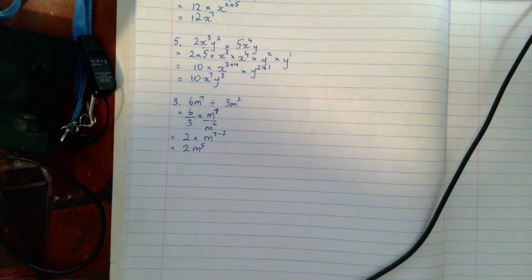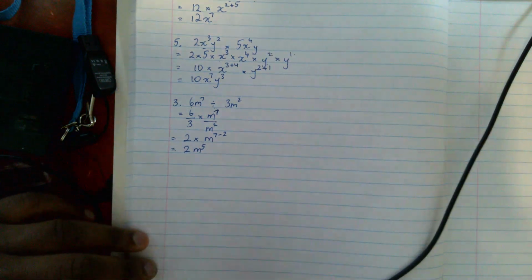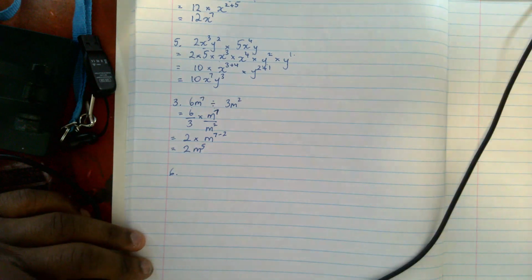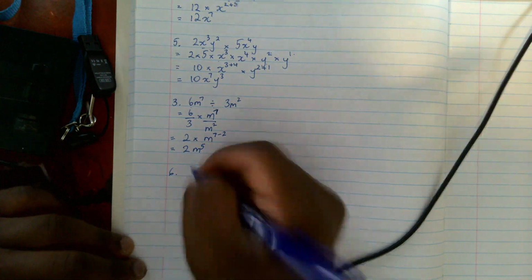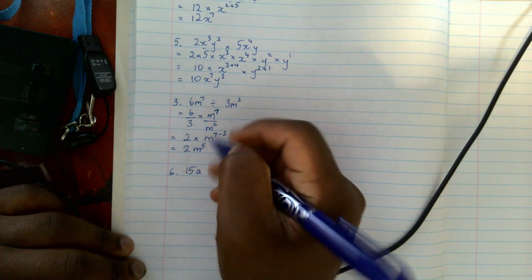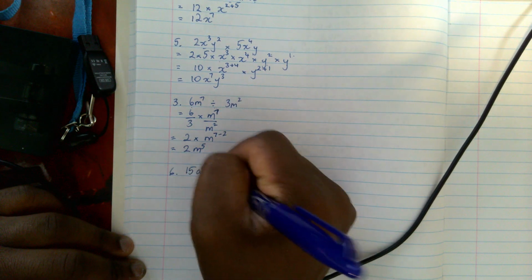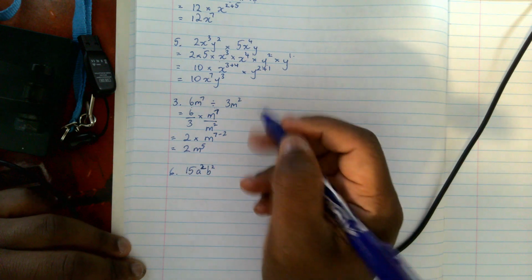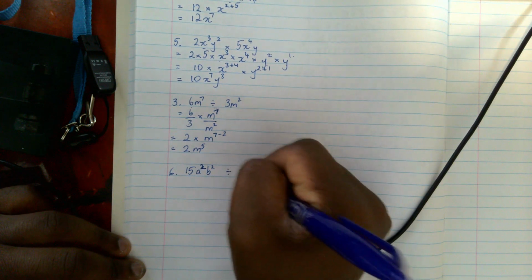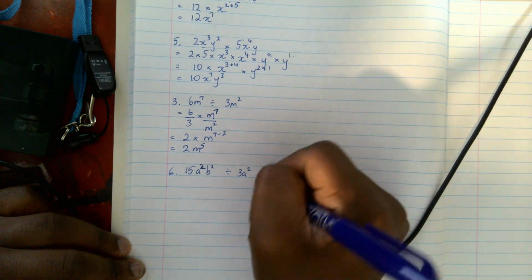Alright, just like we did before. I'm going to do question 6, because we're now going to add another variable in. So I've got 15a squared b squared divided by 3a squared b.